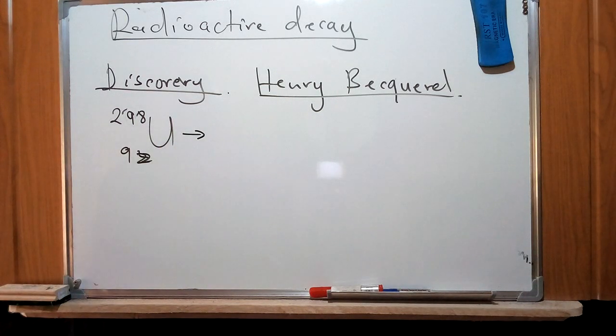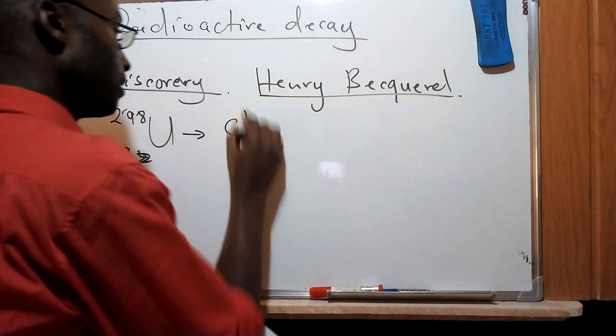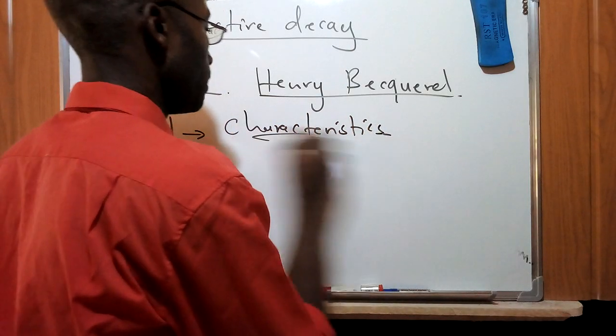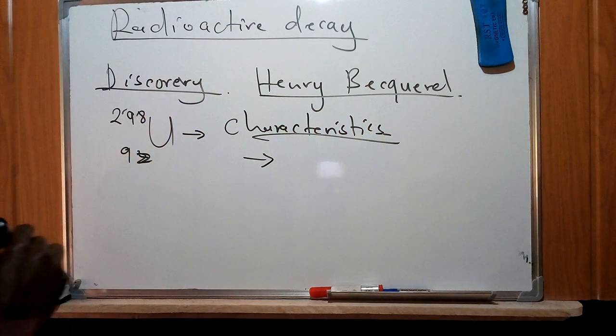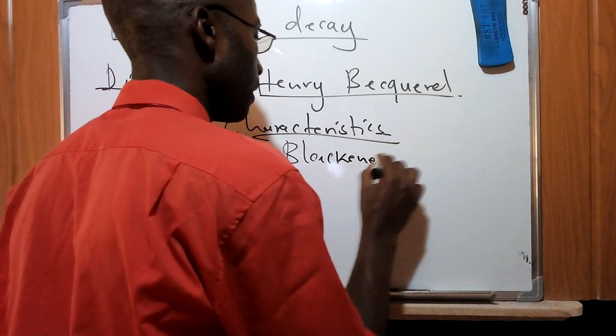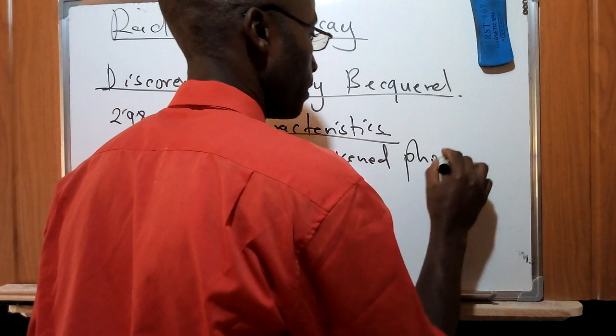He was trying to work on uranium, and observed that uranium compounds emitted invisible radiation, which had the following characteristics. One is that these radiations blackened photographic plates.